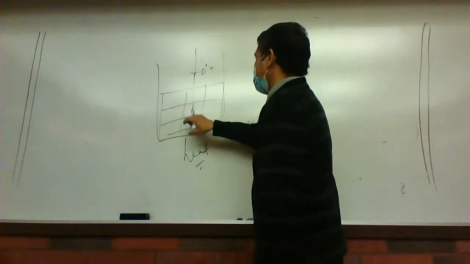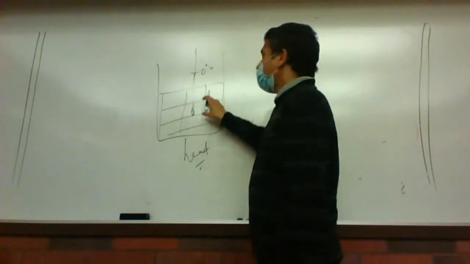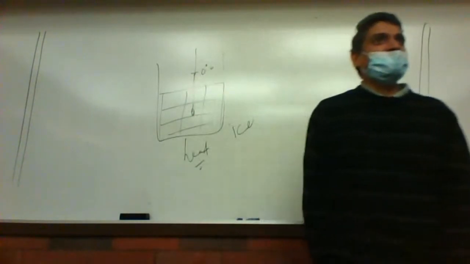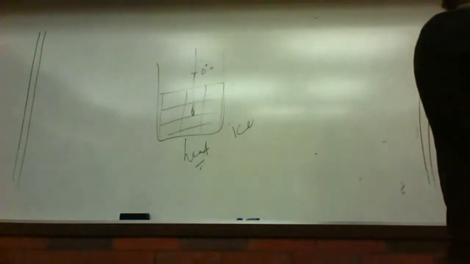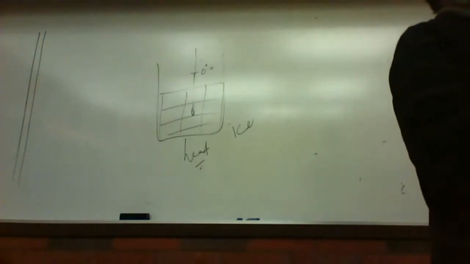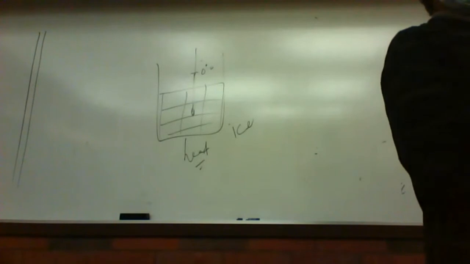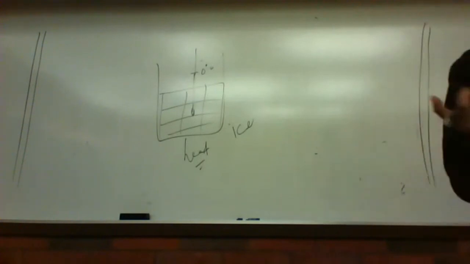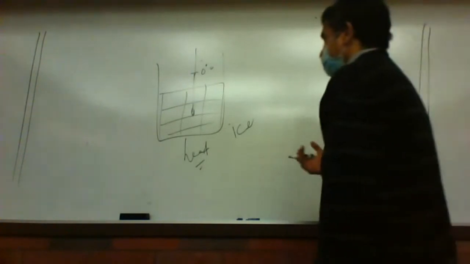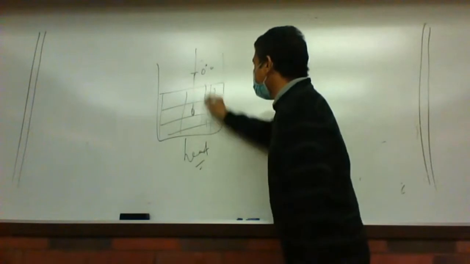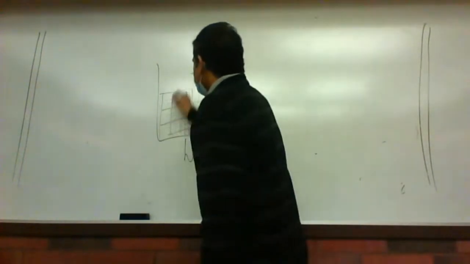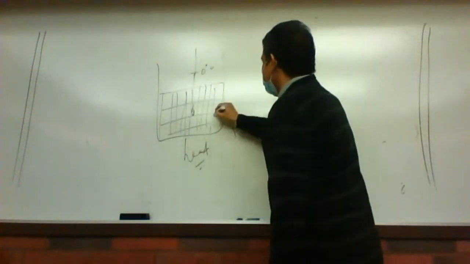The ice melts and melts, and it becomes liquid, but the temperature does not change until it has all become liquid. Make sense? So the temperature does not change on heating until the phase is completely changed. Ice is the solid phase.